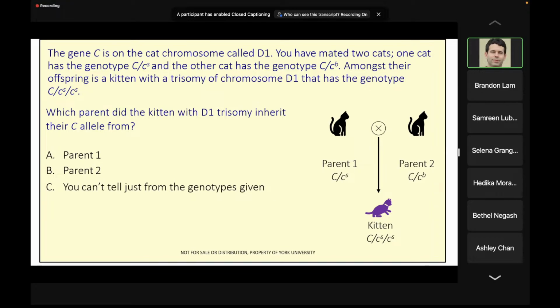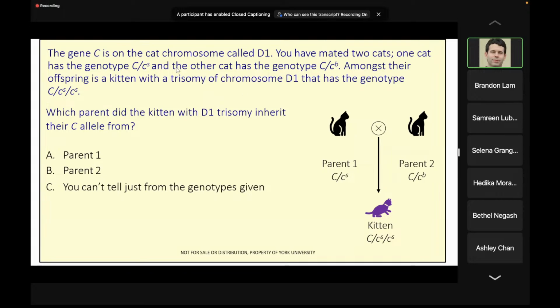Today we're going to cover a few activities about chromosome copy number. We're going to go over some examples of when mistakes happen and the chromosome copy number changes.